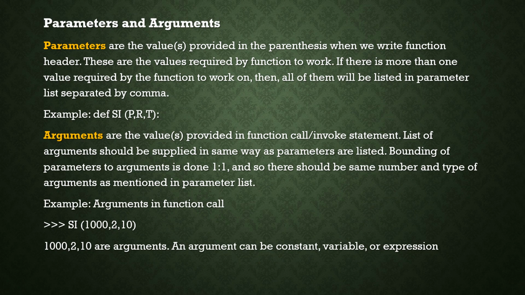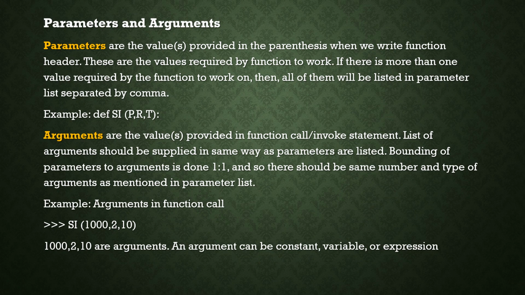In the function call, it is called an argument. Whenever you write variables or values along with the function header, they are called parameters. And if they are written along with the function call, they are called arguments. It may be a variable or it may be a value, right?